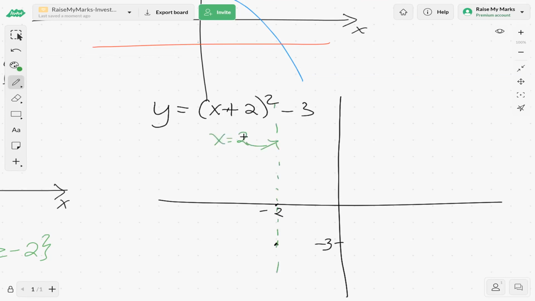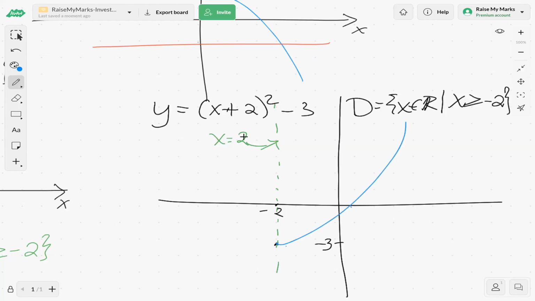And our new restricted domain is x greater than or equal to -2. So that means our graph is actually this half.